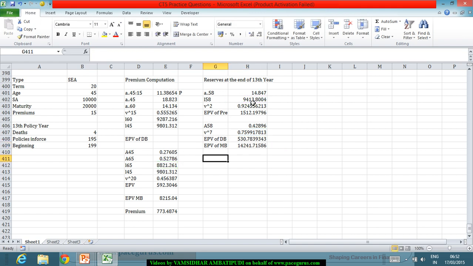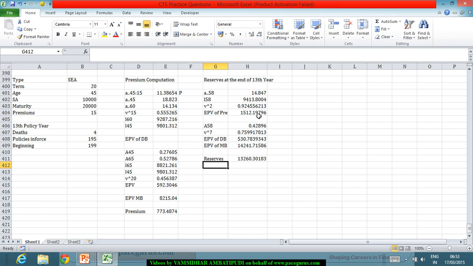So this is the expected present value of the maturity benefit, which means I could compute the reserves at the end of the 13th year: the expected present value of the benefits minus the expected present value of the premiums. The reserves are coming out to some 13,260.